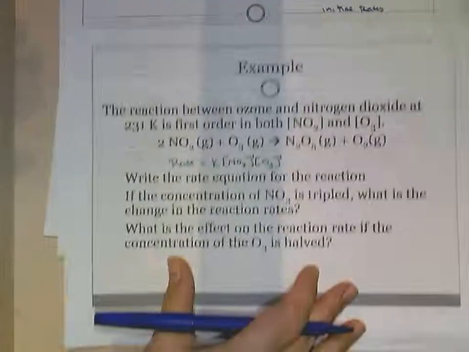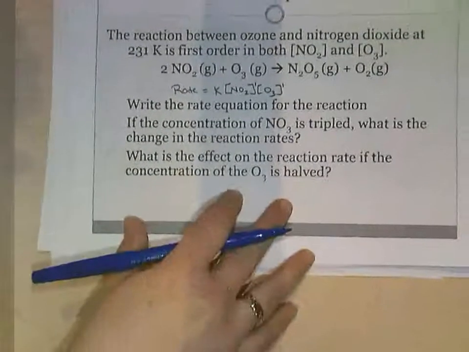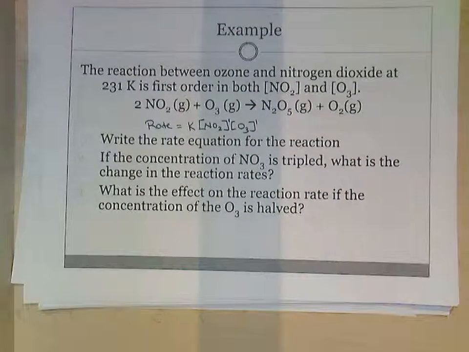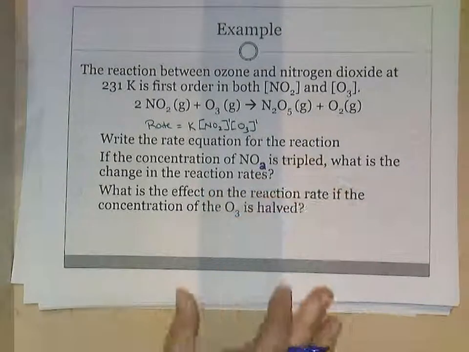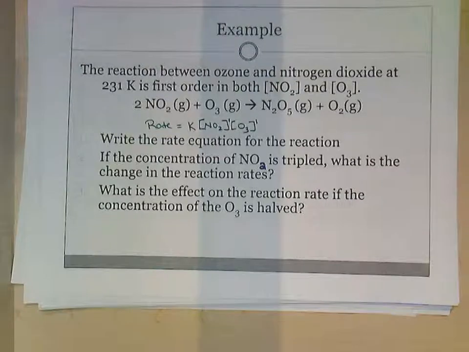All right, so then let's think conceptually. If nitrogen dioxide is tripled, the concentration is tripled, and we know it's first order, how does the rate of the reaction also increase? It should also triple.